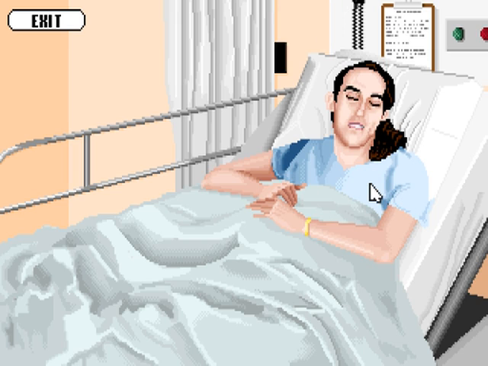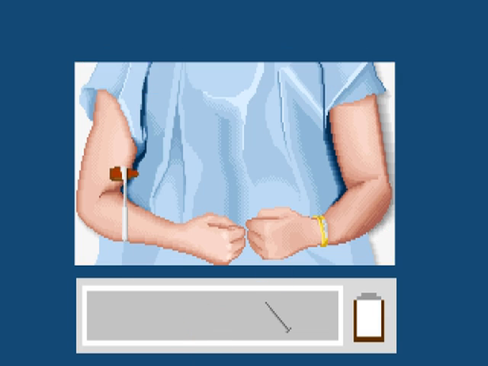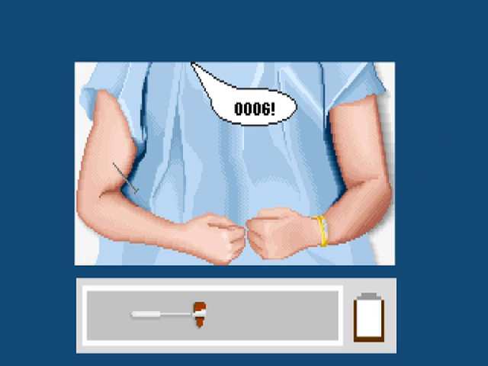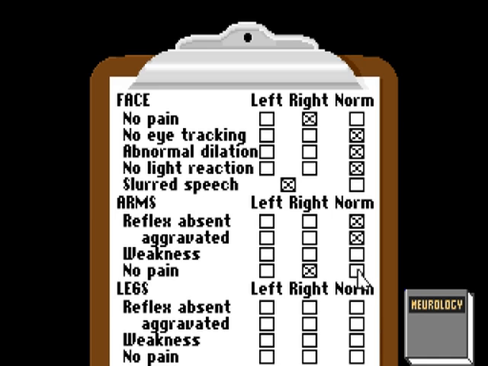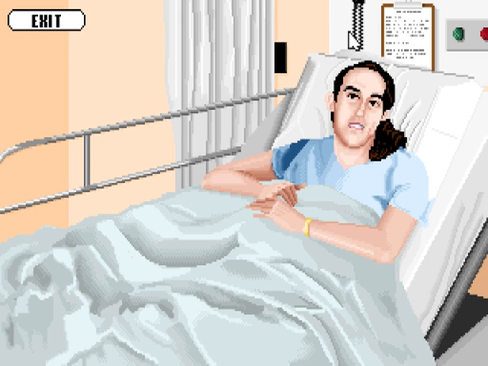Let's see here. Now the arms. He has reflex on both. But I bet he does not have pain on the right side. No pain. Yes, no pain on the right side again. Okay.